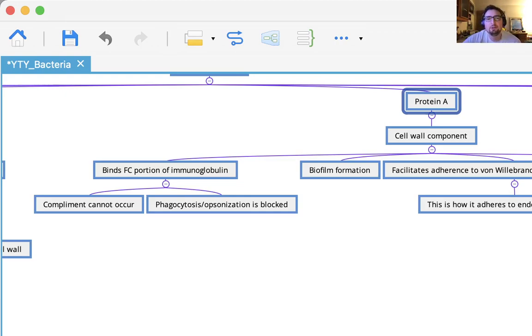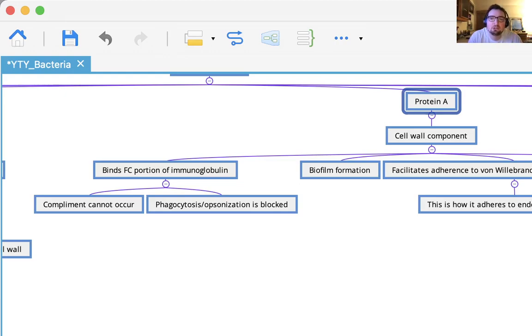A couple other fun facts: it facilitates adherence to von Willebrand factor coated surfaces, and that's how these bacteria can adhere to endovascular catheters. It's also really important in development of pneumonia.